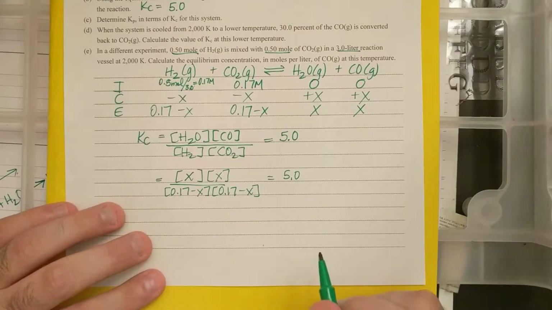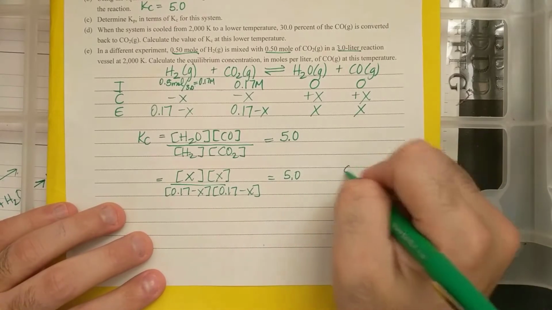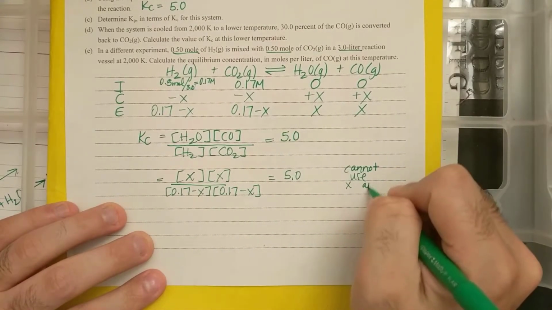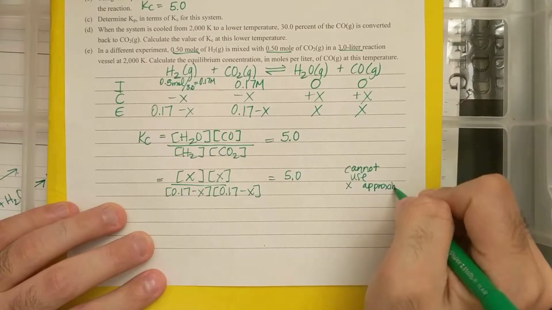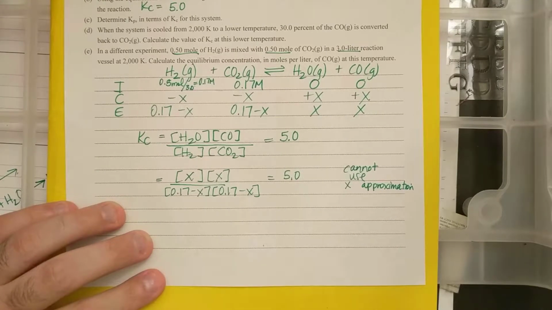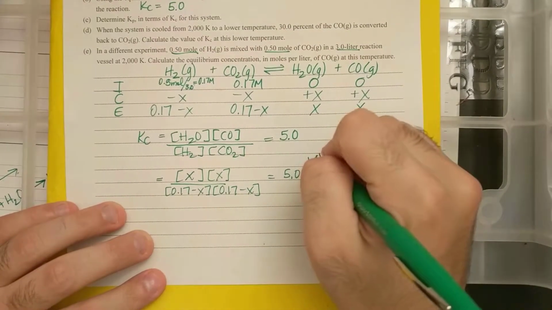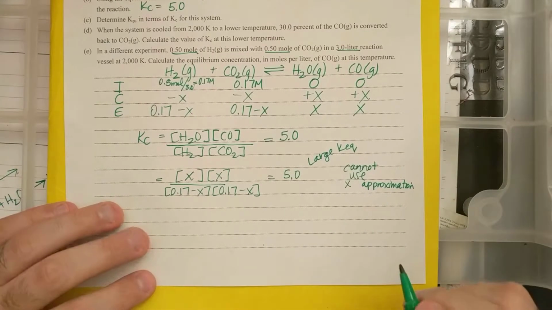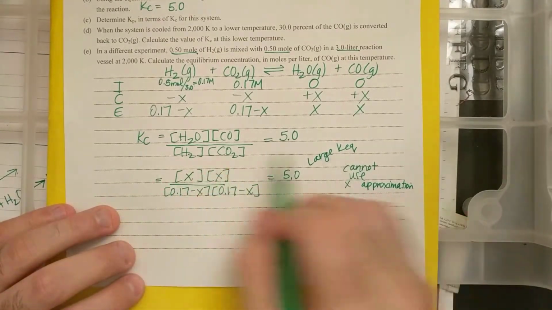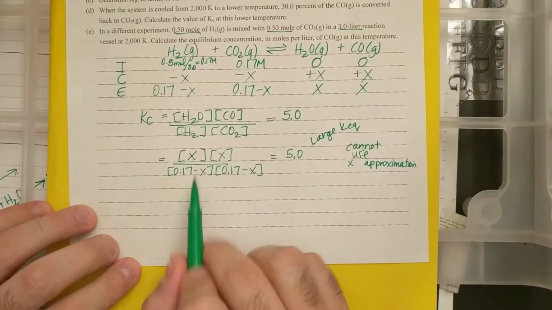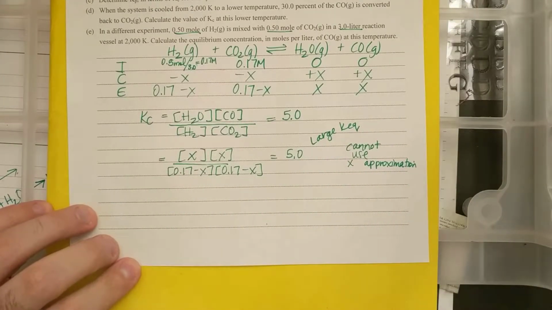Now my problem here is, again, I cannot use the x approximation because I have a large K. So I have to use the quadratic. Now I'm hoping you remember how to combine and do things like this, but I'll show the bottom one here and then I'll try and combine later and I'll show you my answer.